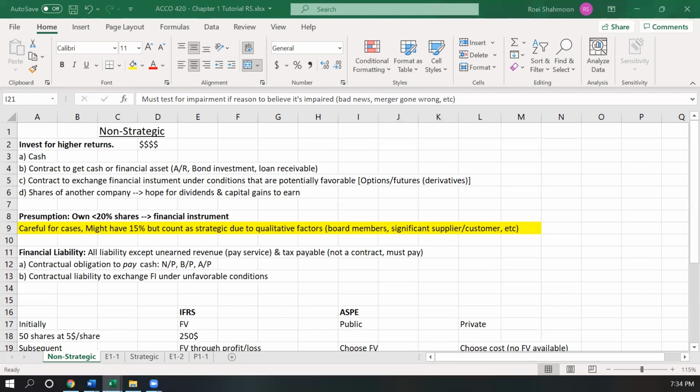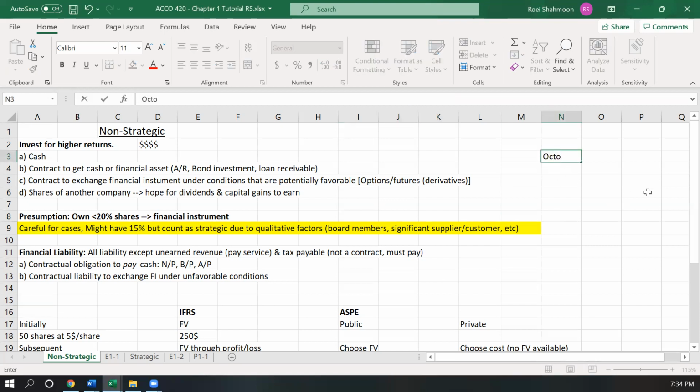So let me see here. The schedule that I saw for you guys this semester is that on October 7th, this is when you're going to have your case 1, and your midterm will be on October 24.